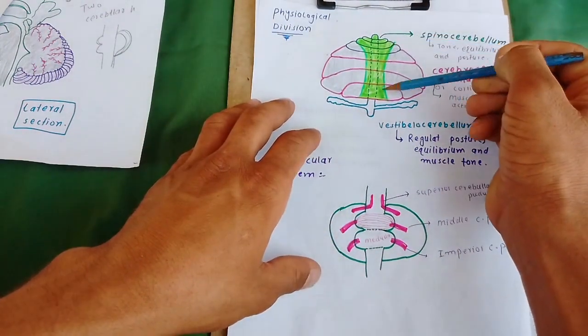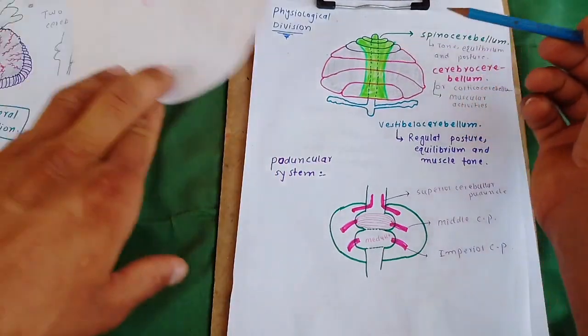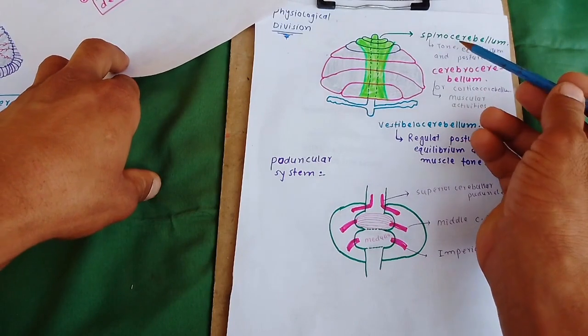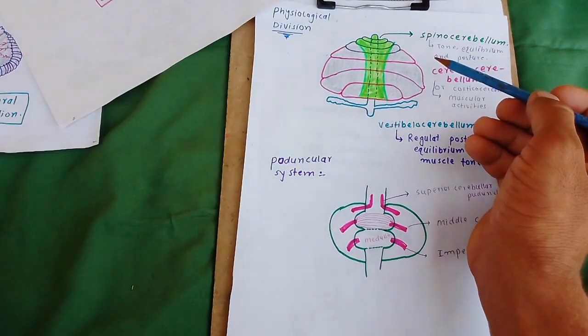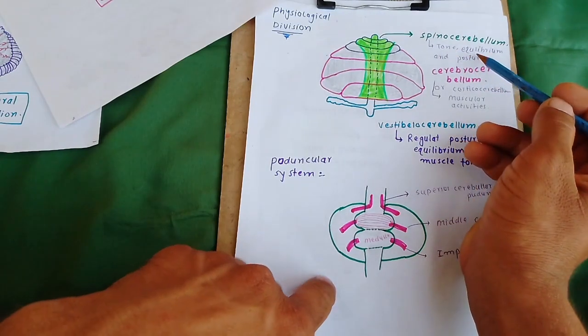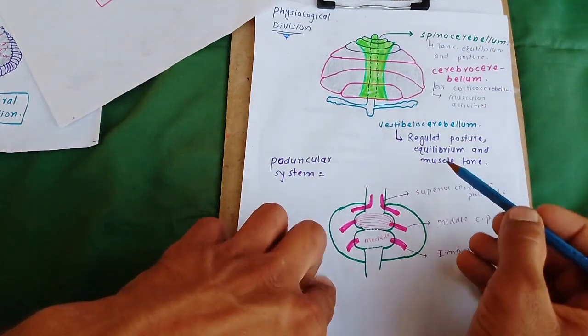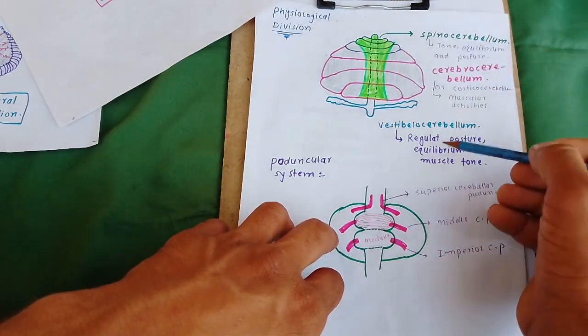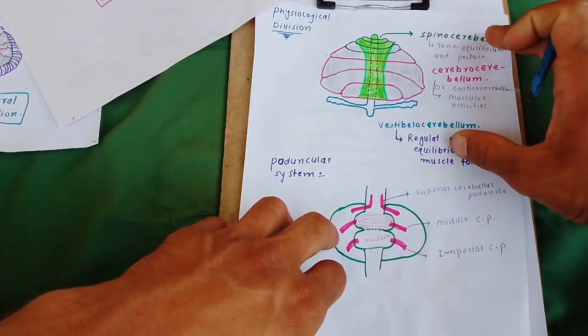This area is called the spinocerebellum. It has its own function that we will discuss later: tone, equilibrium, and posture. It regulates posture, equilibrium, and muscle tone. This one and this one have about the same function.